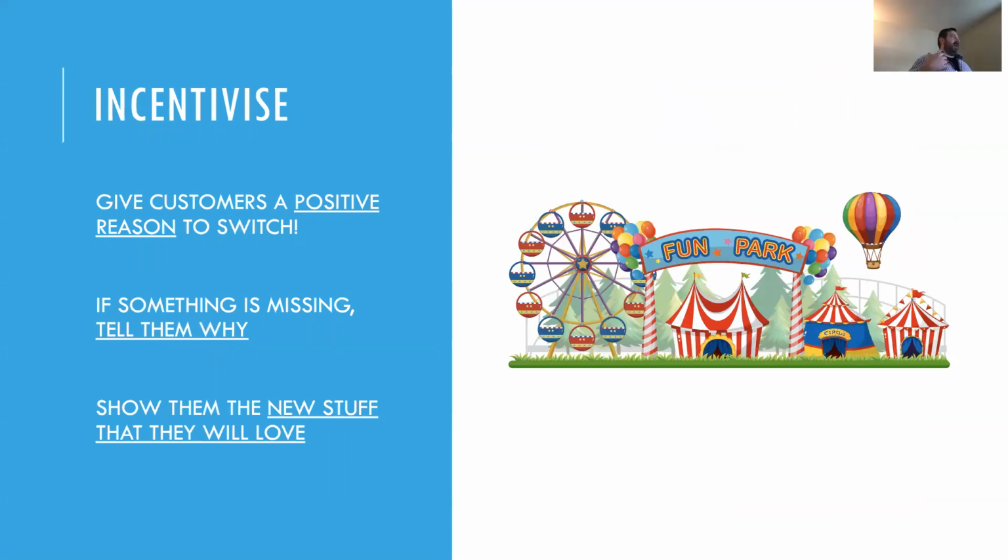Incentivize. So you really have to give people a reason to come over, right? You're presenting this new platform to them. You have this old platform. You can have a little bit more carrot and less stick, right? So you could say, well, we're launching this new feature, which we know that people have been holding out for a long time, and we're going to launch that on this date, right?